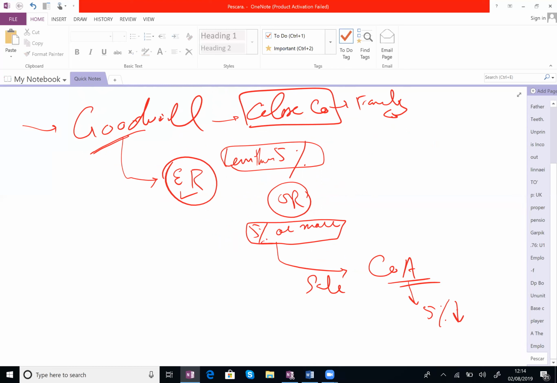So there are two situations. First situation is if you have less than 5% holding in the close company, then on goodwill you will get the entrepreneur relief. Second situation, you can also get the goodwill entrepreneur relief if you have 5% or more holding in the close company and you are selling all this holding to another company, company A. And after the sale, in company A you must have less than 5% holding.